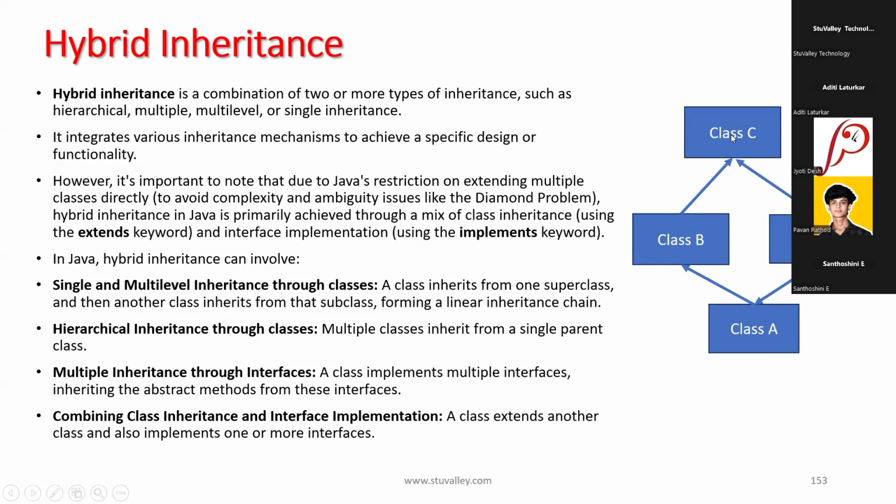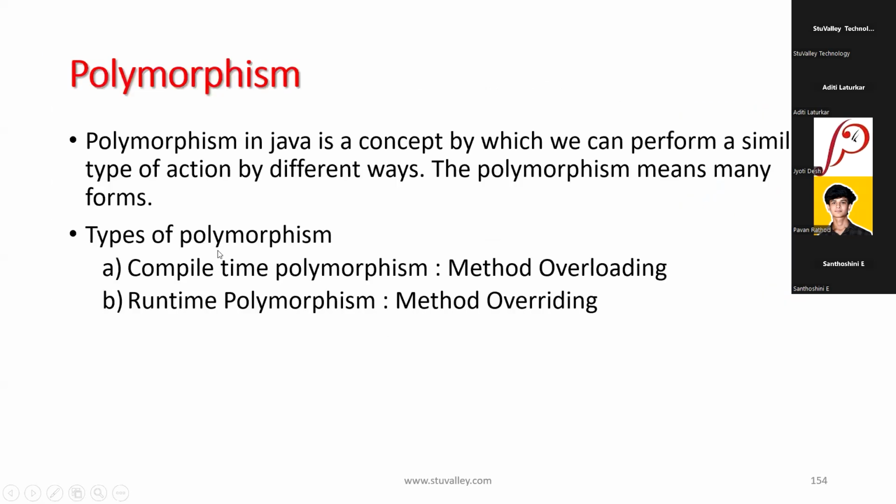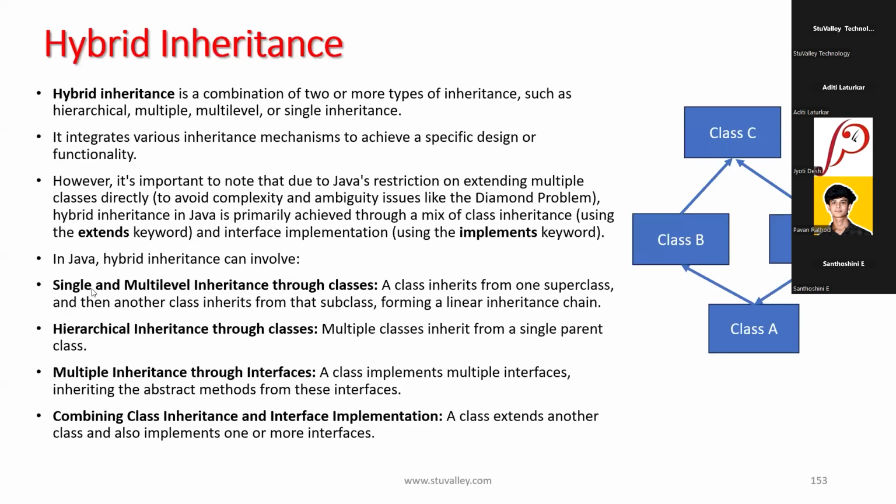Then again one child class derived from two parent classes. This is a multiple inheritance example, but that is not supported in Java. That is why this hybrid inheritance is not supported. We are not going to see any example for this because it is nothing but a combination of everything. We have already seen the combination of single and multi-level inheritances.